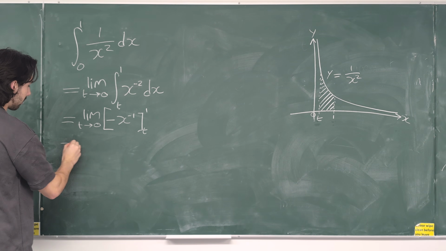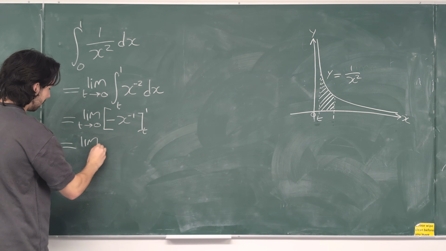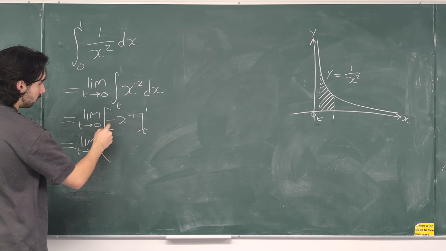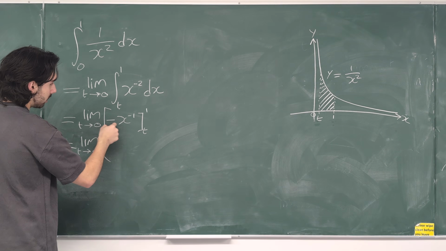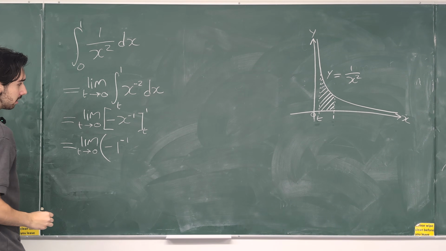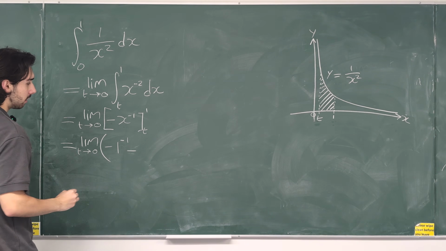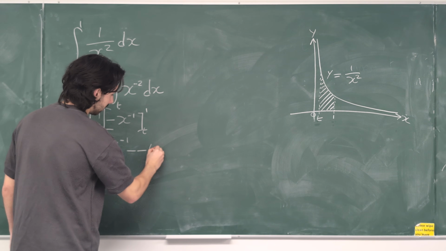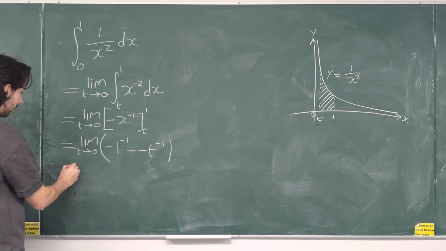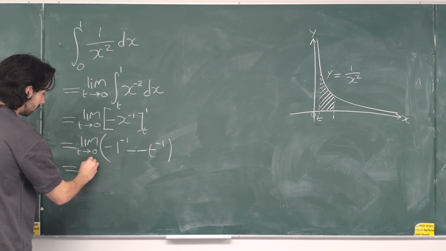Then we can just plug everything in. So we have the limit again as t approaches 0. And what do we have here? Well, we plug in 1 first this time. So we have minus 1 to the power of minus 1, subtract minus t to the minus 1. Let's do a little bit of simplifying before we try to do the limit.